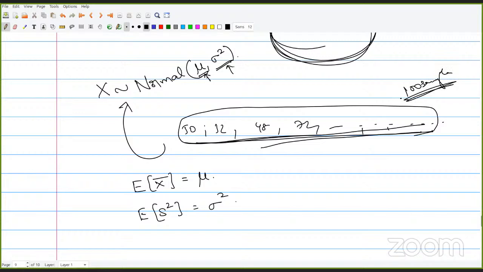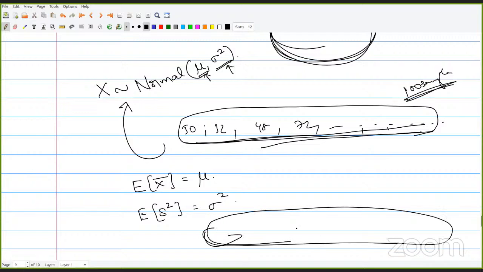Out of these 100 samples, we estimate the population mean to be equal to the sample mean. If you have taken some other new 100 samples, you collectively collect these 200 samples, and then you find the mean and the variance of those samples, and those will be equal to the mean and variance of the population.